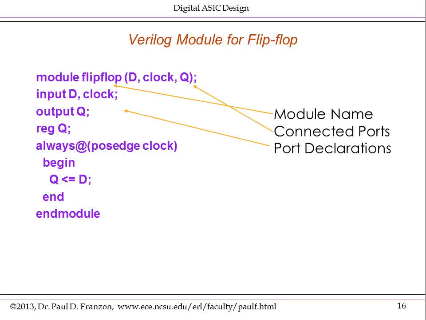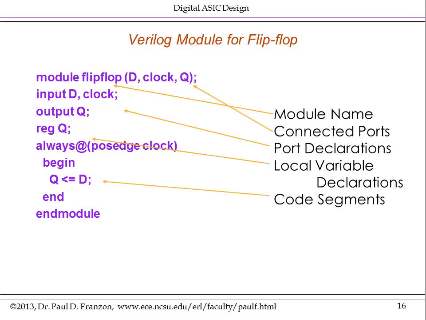In this example, they're all 1 bit wide. We then declare our local variables. We actually don't have to declare variables that are also outputs, but I think it's a good practice to make sure you're consistent in your variable declarations.